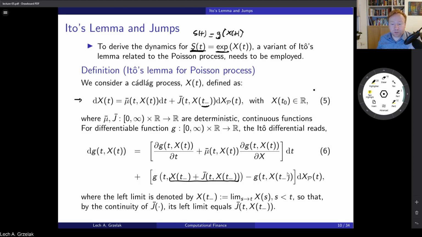This function represents the difference between what happened before the jump and after the jump, how function g behaved. This is the difference of the value of function g after the jump minus before the jump. And then we have dxp, which is a Poisson process.